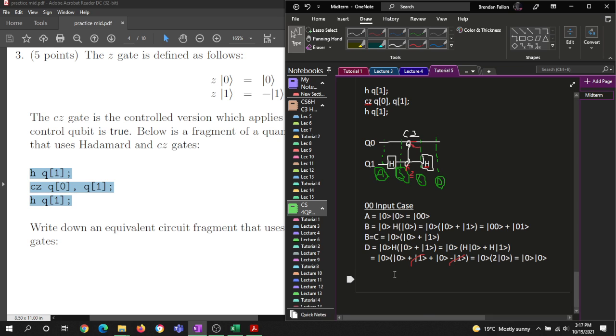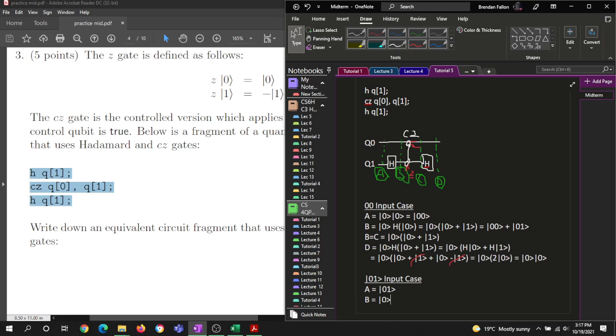So we did the 0, 0 case, and sorry, I know we're running out of time, so I'll try to do this quickly. Let's do the 0, 1 input case. This should actually be in bracket notation. So at A, nothing's going to change. We're just going to put our inputs as 0, 1. So A is equal to 0, 1. Then once it goes to the Hadamard, we need to actually apply the Hadamard.